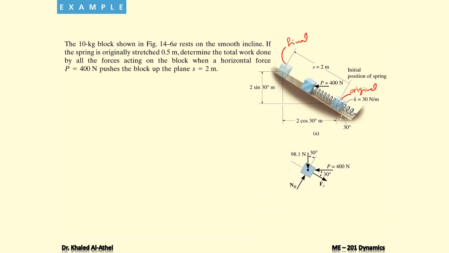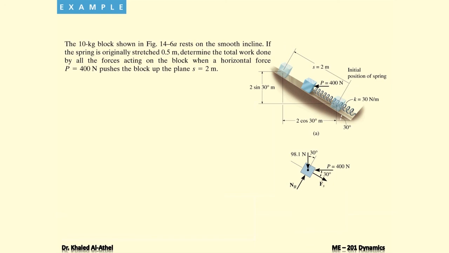Determine the total work done by all the forces acting on the block when a horizontal force equal to 400 Newton pushes the block up the plane by a distance S equals 2 meters. Keep in mind, this S equals 2 meters is not horizontal, this is along the incline.